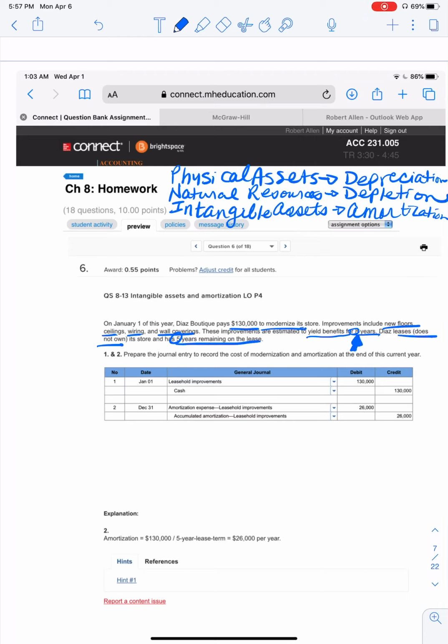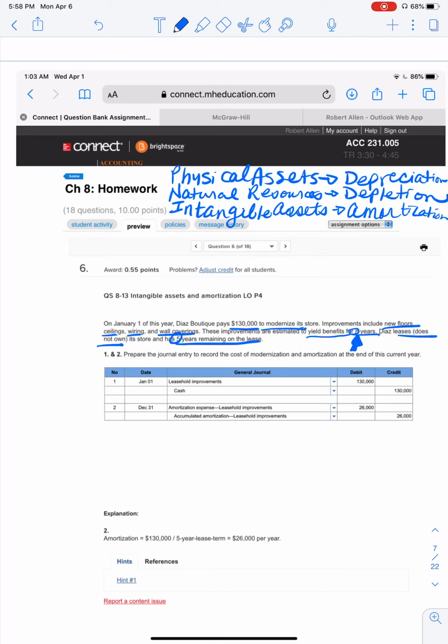Instead, what I'm going to have to do is use the lesser of that benefit time of 8 years or the time remaining in the lease. And since 5 years is less than 8 years, we will use 5 years. Okay? So we will use 5 years for our amortization calculations.